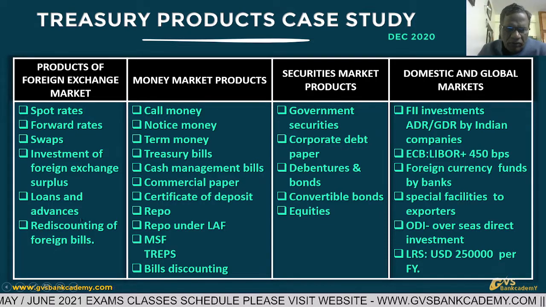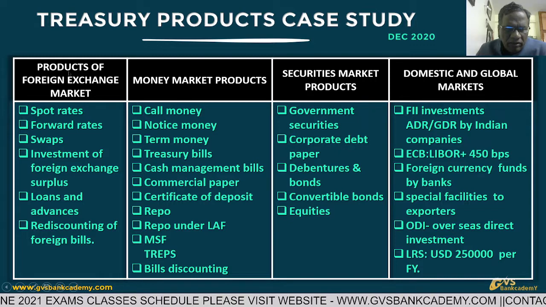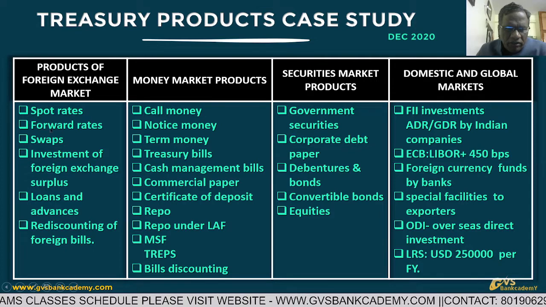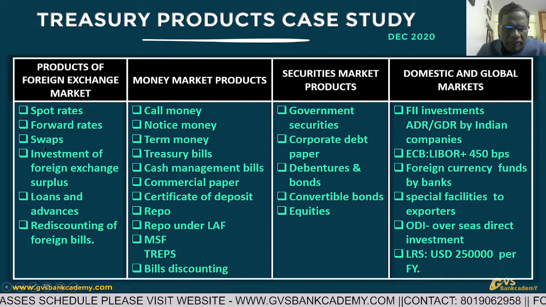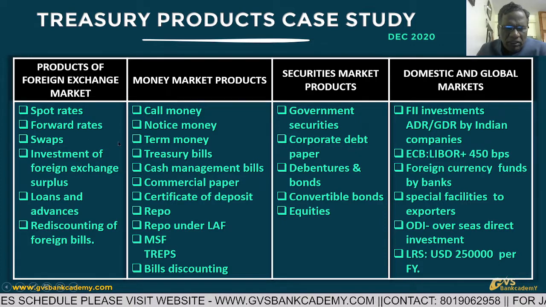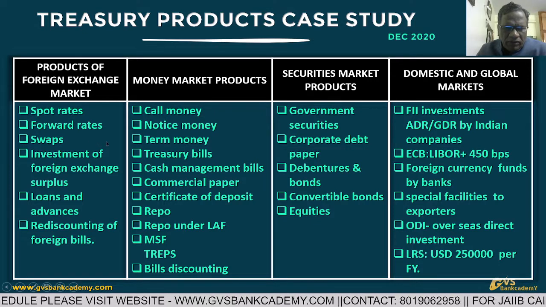So, in a nutshell, these are the foreign exchange market products banks deal with. One is spot, T plus 2. Forward, beyond T plus 2. Swap, exchange of one currency for another, or one rate of interest for another.